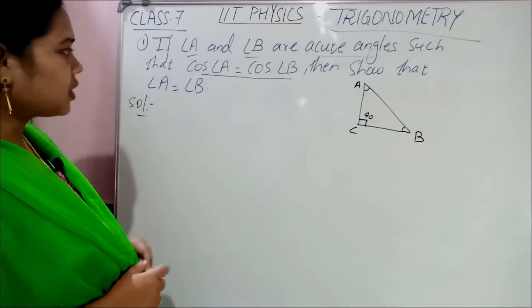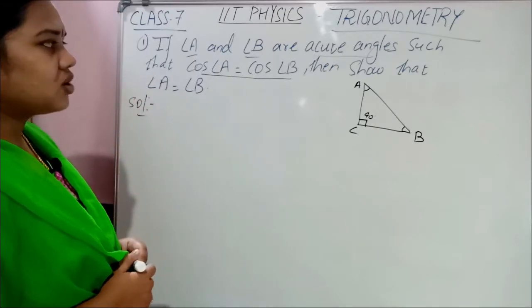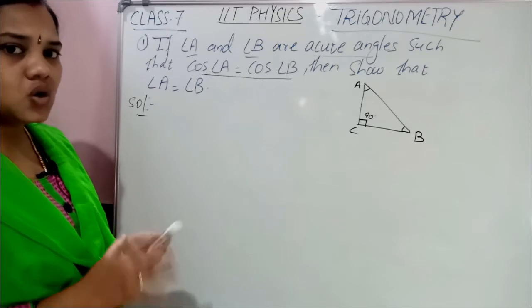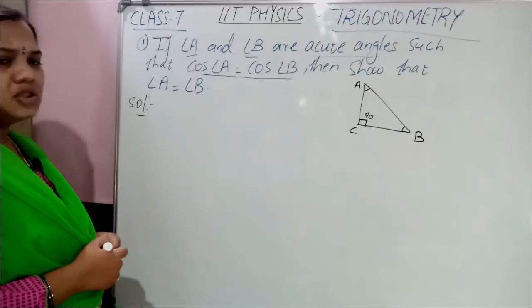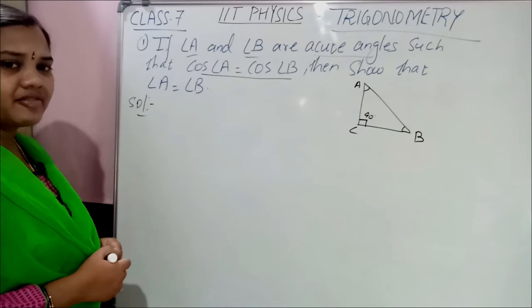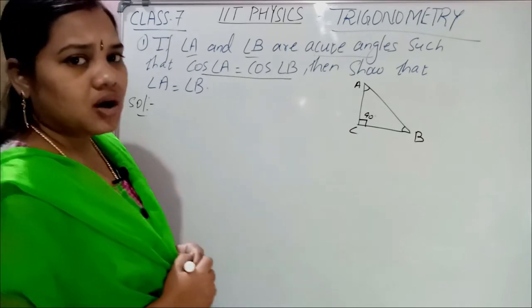Now what is given? Cos angle A equal to cos angle B. This is given that cos angle A equal to cos angle B. So we have to first find the values of cos angle A and cos angle B.